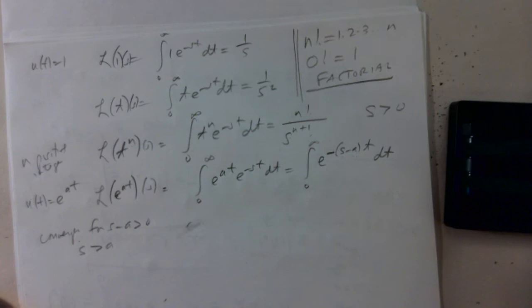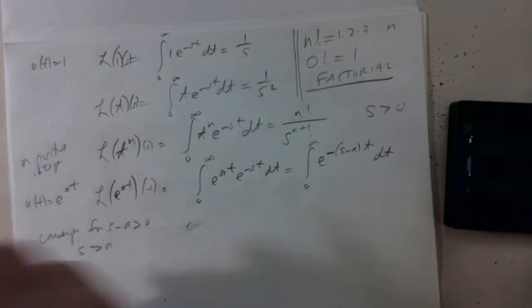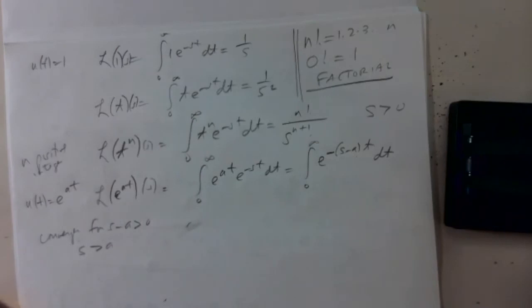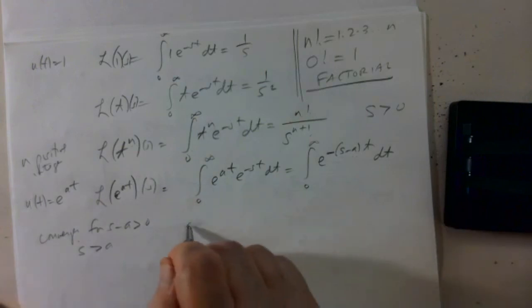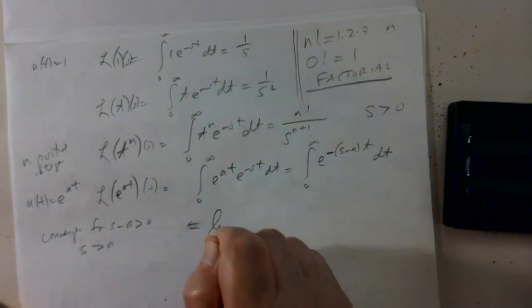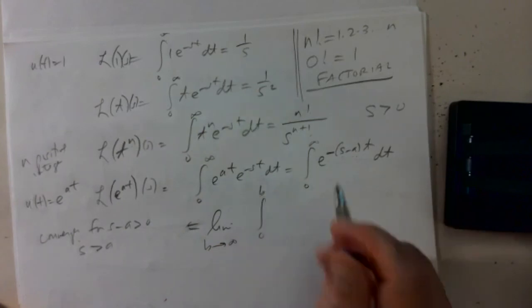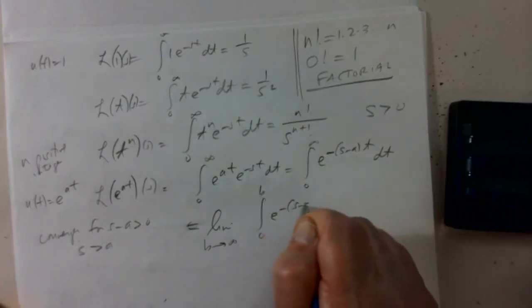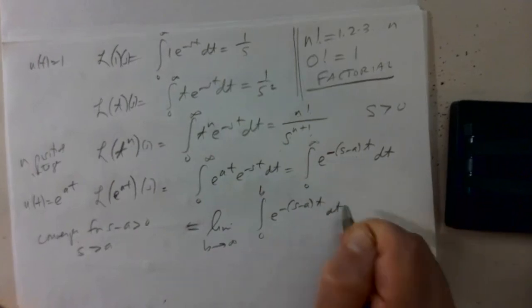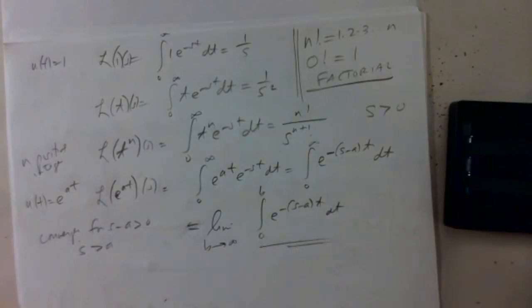And can we calculate that? Well, let me just go back to the definition. This is the limit as b goes to infinity of the integral from 0 to b of e to the minus (s minus a)t dt. So let me calculate this.